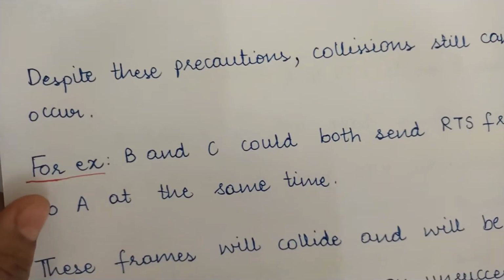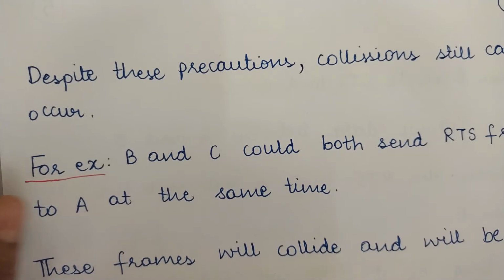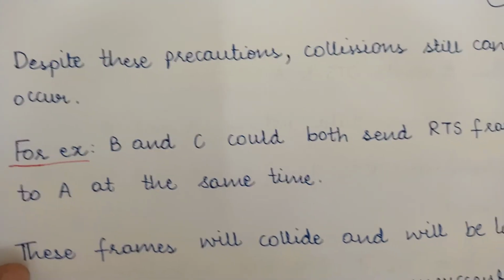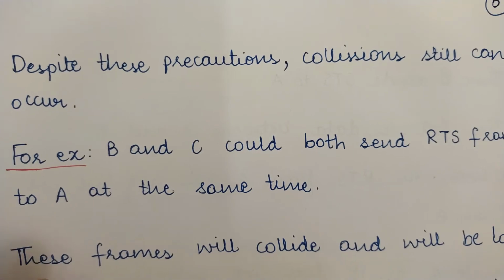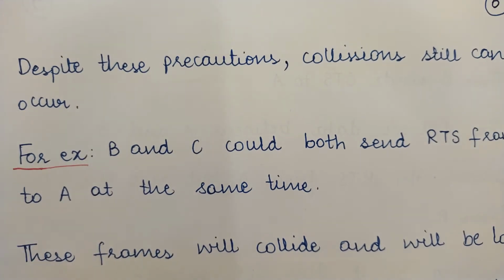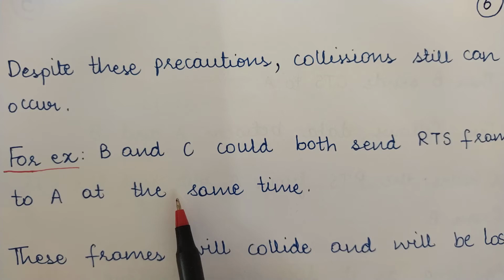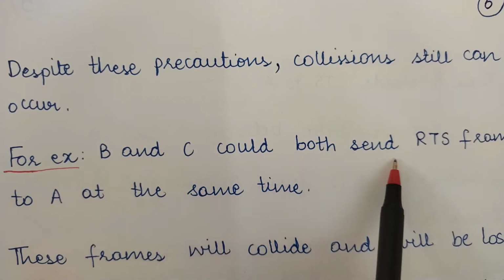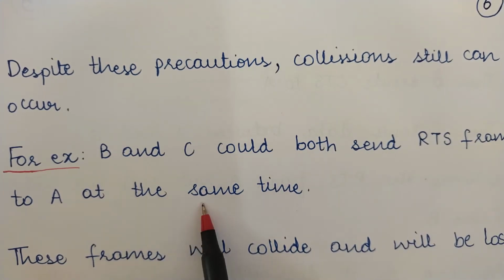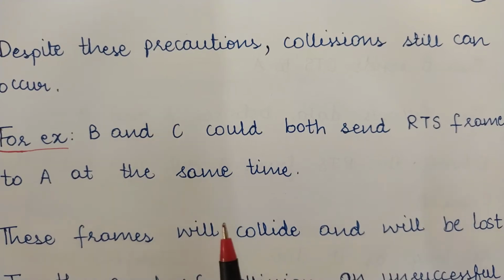Now, despite the precautions, collisions still can occur. As I told you in the beginning, it avoids collisions to a large extent, but collisions are not completely avoidable. For example, station B and C can both send RTS frames to A at the same time.